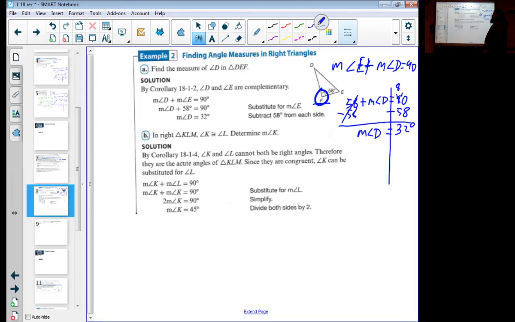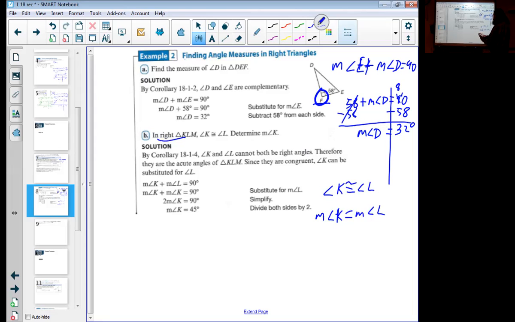So by corollary 18-1, in right triangle KLM, angle K is congruent to angle L. If angle K is congruent to angle L, we know that means that the measure of angle K is equal to the measure of angle L. Because we are told it is a right triangle, we know that the two angles add together to make 90.